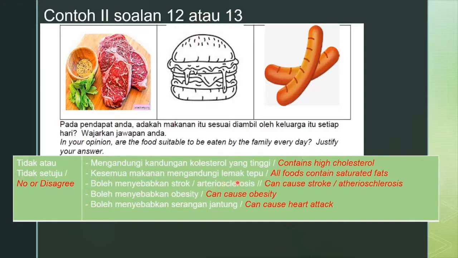Ejaan salah, ini BM, dia K sepatutnya. Ada K sini, K bukan C. Boleh menyebabkan obesity, sama juga, sebab automatic pembetulan dia akan tukarkan. Microsoft Word ini biasanya dia tukar. Boleh menyebabkan serangan jantung. Baiklah, ini antara wajaran yang kita boleh bagi kalau kita tidak setuju.